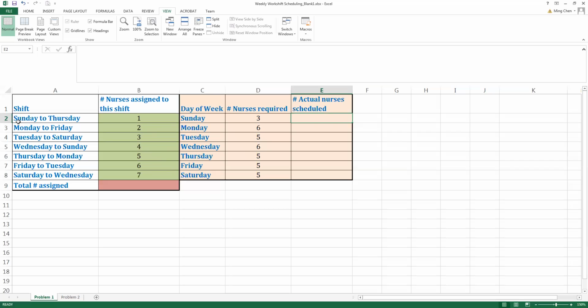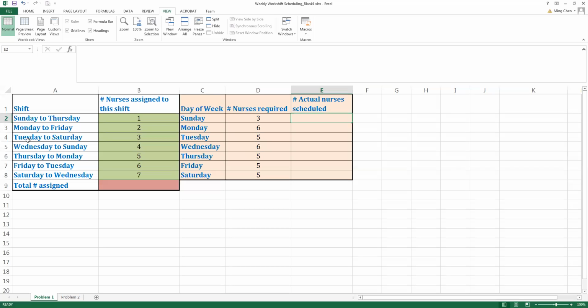Obviously, those who work from Sunday to Thursday will be working on Sunday. What about somebody working from Monday to Friday? That means this person is taking Saturday and Sunday off, so this person is not working on Sunday.